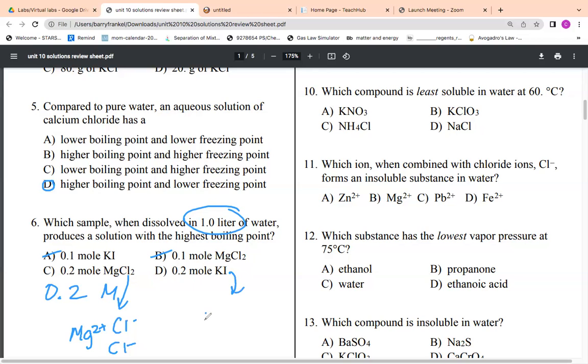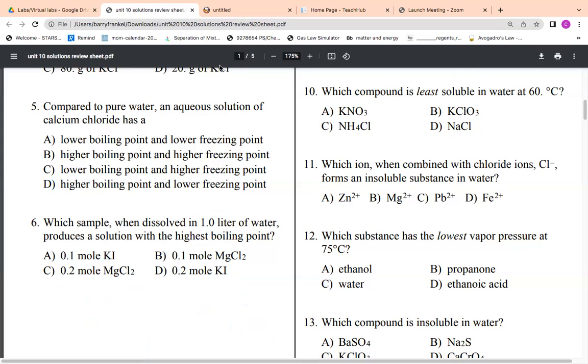When potassium iodide breaks up, it's 1 potassium and 1 iodine. So potassium iodide gives rise to 2 ions, but this gives rise to 3. Again, the more ions that are dissolved, the more it will affect those properties, raising the boiling point and lowering the freezing point. So we're going to want to go with choice C.